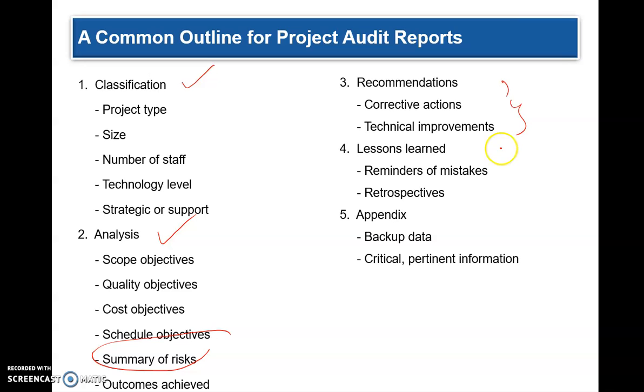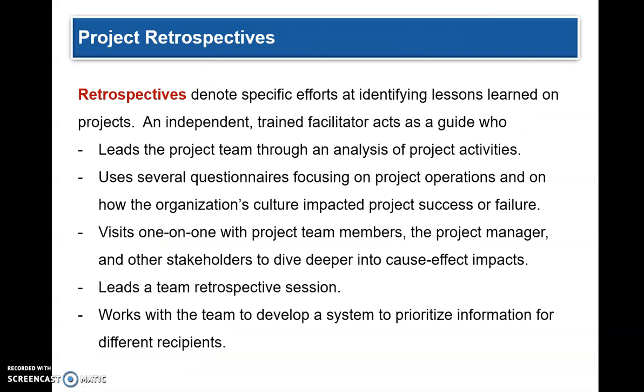And lessons learned, reminders of mistakes and anything that the project manager and the team have learned from conducting the project. And then of course any backup data and any information that is critical or pertinent.